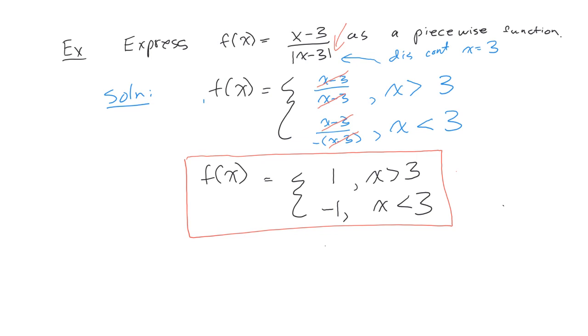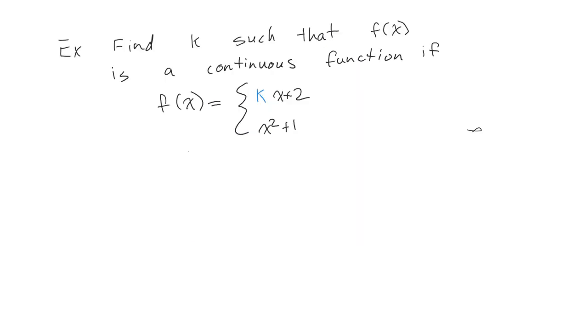You'll see problems like this in today's work. So here's a problem that I want you to be able to do. I want you to find the value of k such that the piecewise function that we have here is continuous. The other things I'm going to tell you are that x is less than 2 for the first half, and x is greater than or equal to 2 for the second half.